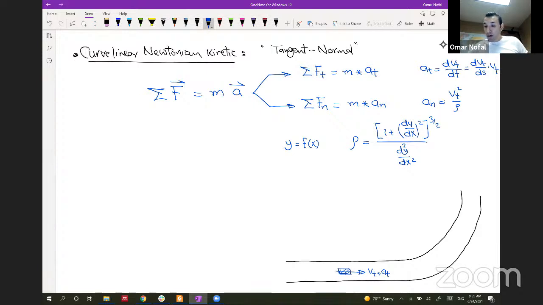But if your car is here, let's draw this car like this.